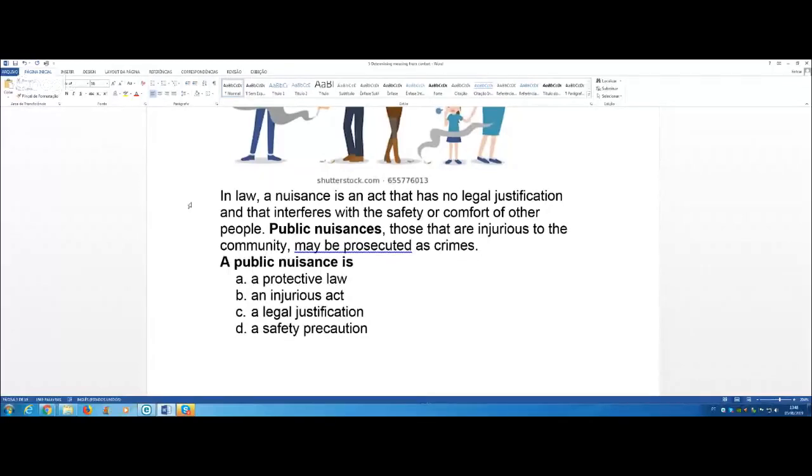Public nuisances, those that are injurious to the community, may be prosecuted as crimes. A public nuisance is a protective law, an injurious act, a legal justification, a safety precaution.